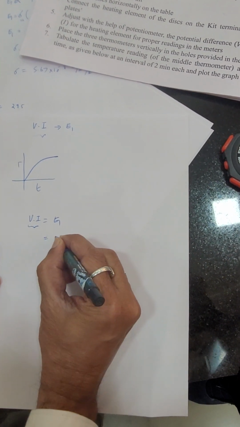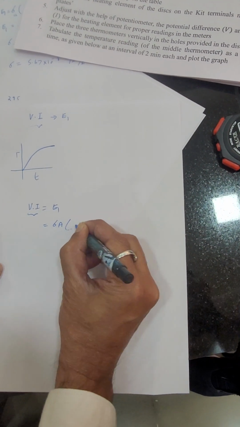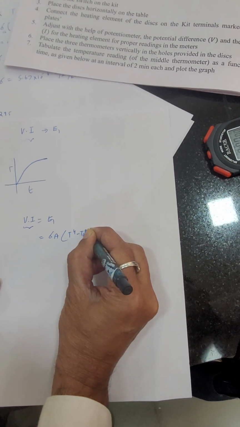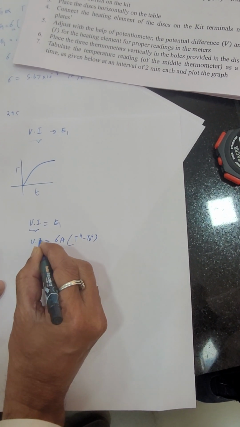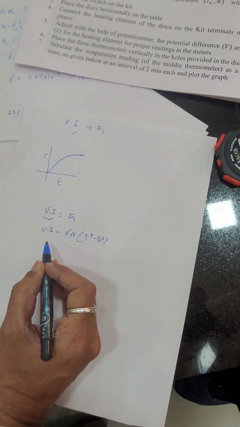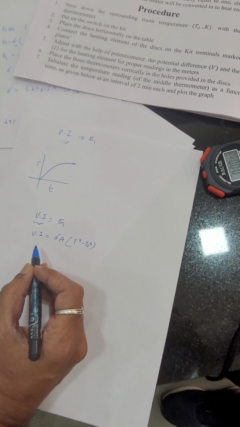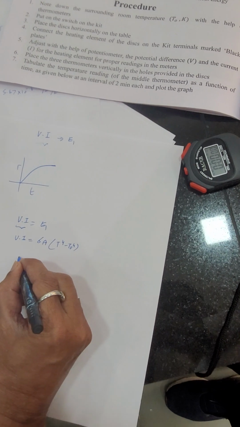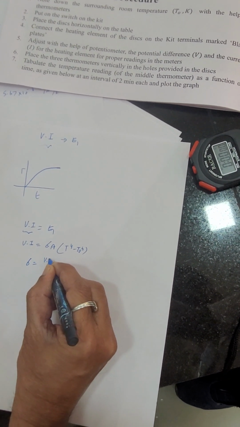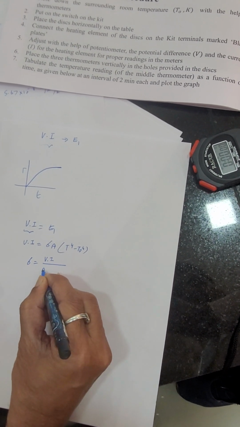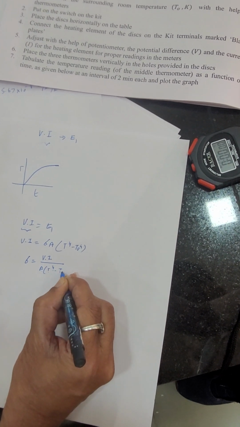So we have E1 is equal to sigma into A into (T^4 minus T0^4), and V into I is the electrical energy. Voltage can be read on the voltmeter, current can be read on the current meter, and sigma is given by V into I upon A into (T^4 minus T0^4).